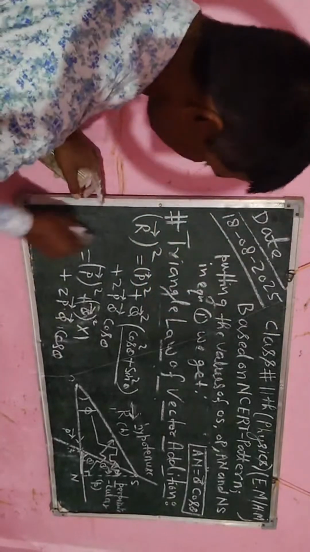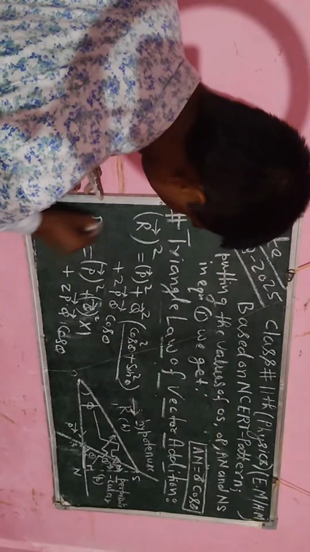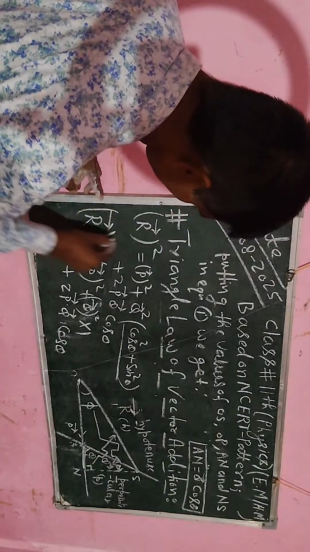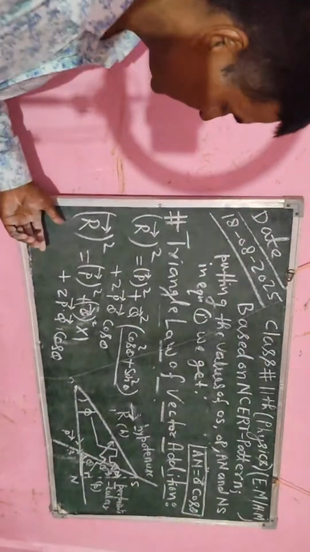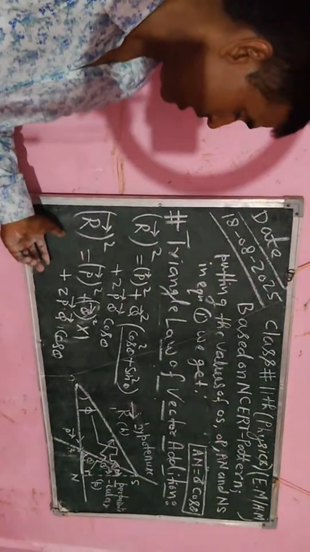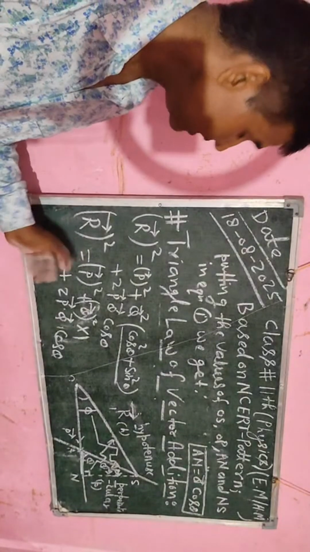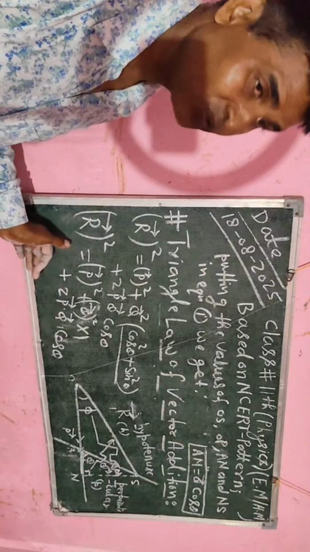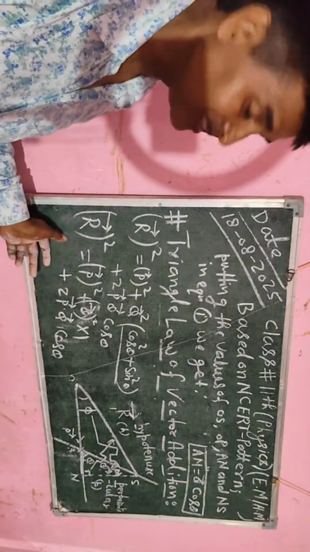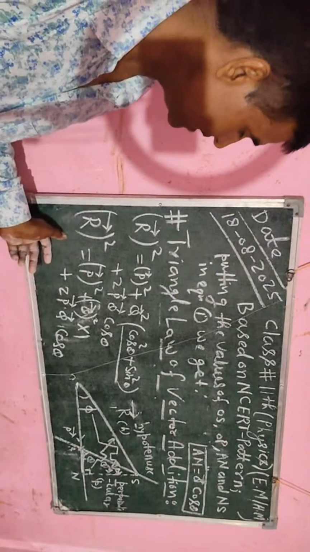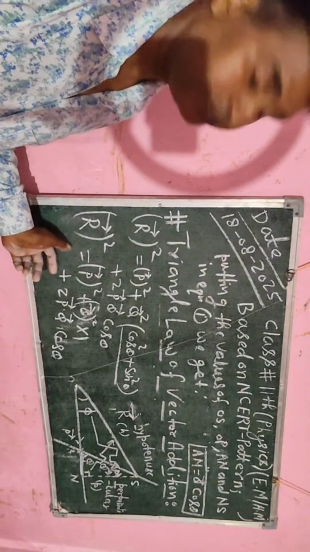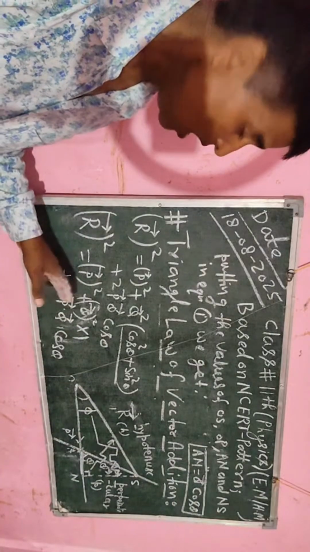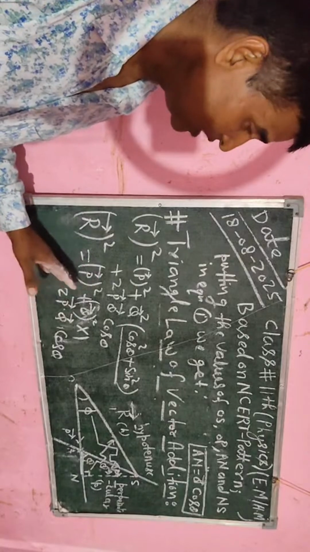After simplifying, on the left hand side I can write vector R whole square. This is the resultant vector. Now I will simplify further, and in a particular way I will write its formula, which is very important. It involves two vectors and the angle between them, which will be given.